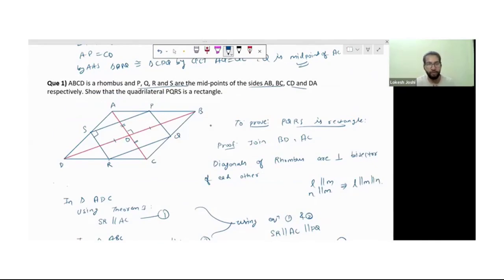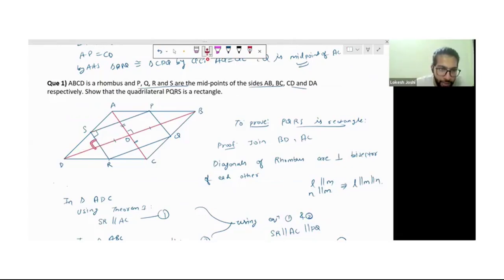Now if we prove that this angle is equal to 90, then we are done. So for that, what can we do? We know the angle at the center is 90 degrees, and these lines are parallel, and this is the transversal. So this is 90, then this will also be 90, and these lines are parallel.